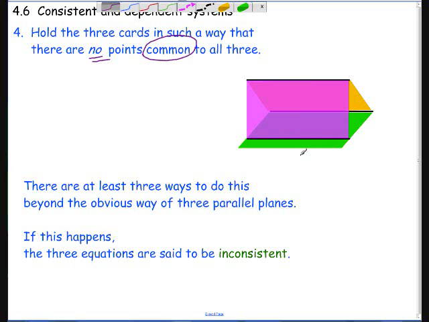But there is not a single point that all three of them share together. There are other ways you could do this. When this happens, we have no solution, now we have an inconsistent system.